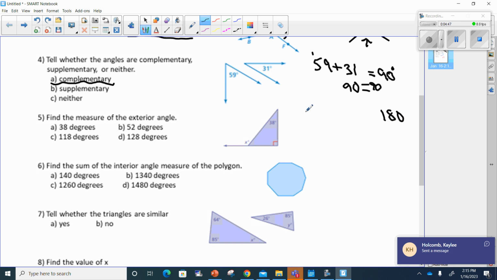So that means angles A plus angle B plus angle C have to equal 180. We also know the rule for straight lines is that angle A plus angle B, we'll just call this B, I'm sorry, have to equal 180.